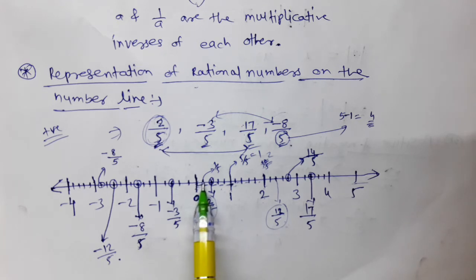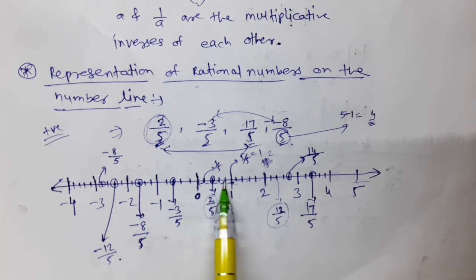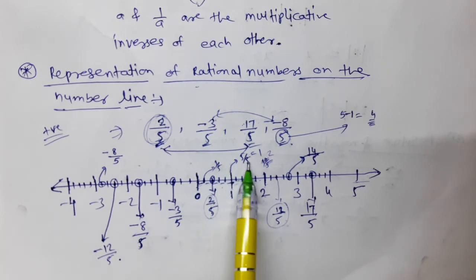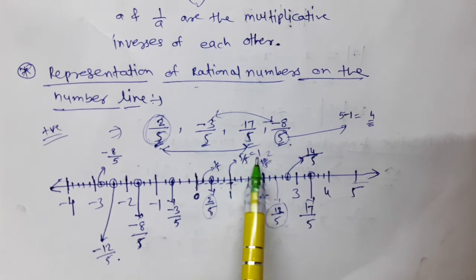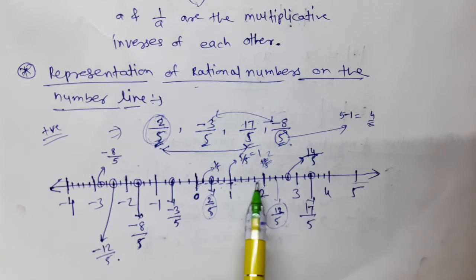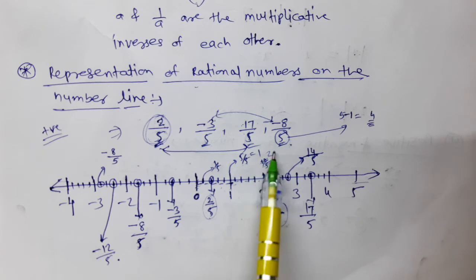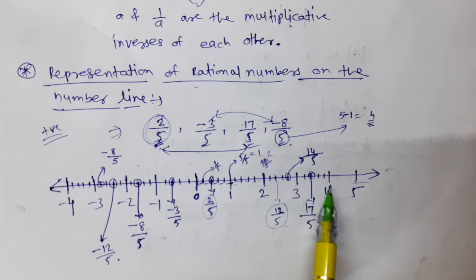So the first points to the right-hand side are 1 by 5, 2 by 5, 3 by 5, 4 by 5, 5 upon 5. So 5 upon 5 will be equal to 1. So we put 1 here. 6, 7, 8, 9, 10. The 10th line means 10 by 5, so it is 2. We put 2 here. 3 in the same way, 15 upon 5, 20 upon 5.